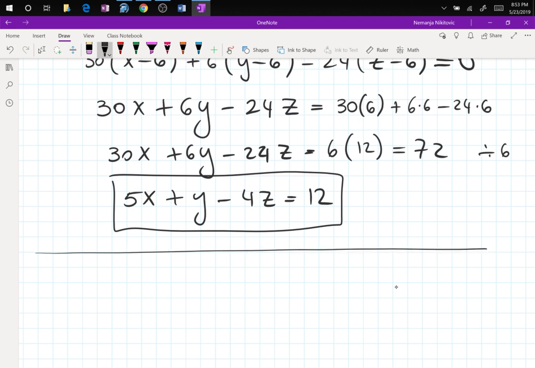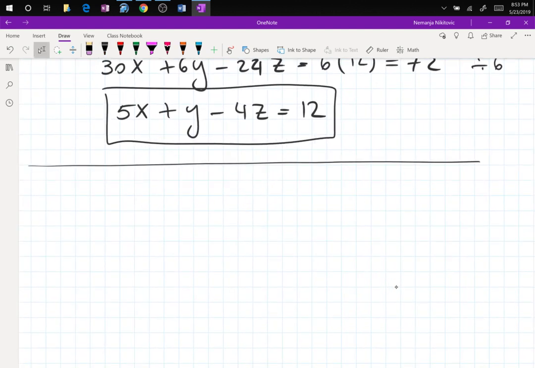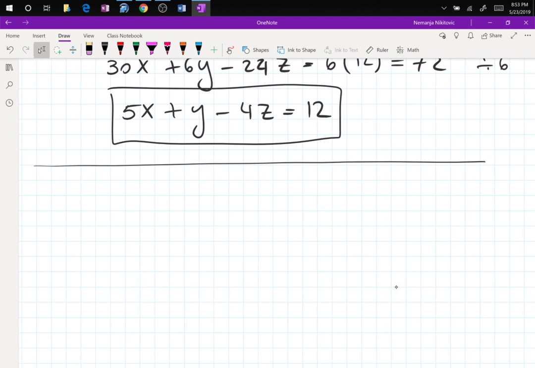So now we have the equation of the plane. We know how to get the normal vector. Great. How do we know if the planes are parallel or orthogonal? We do those tests on normal vectors.